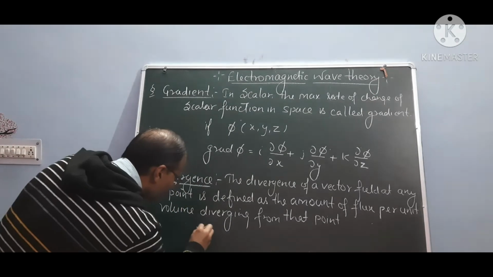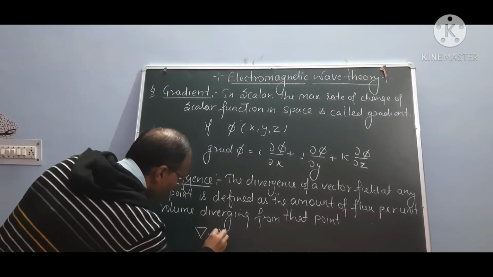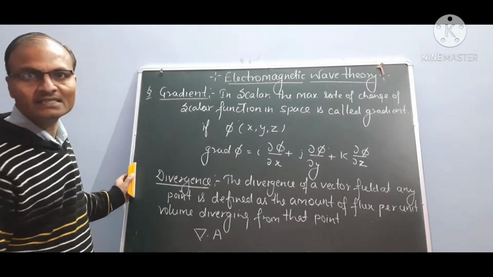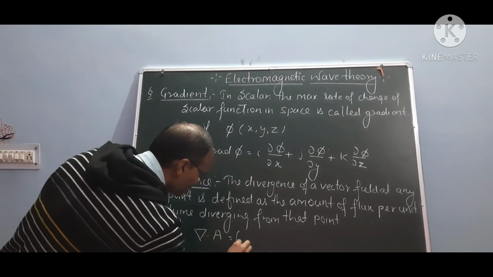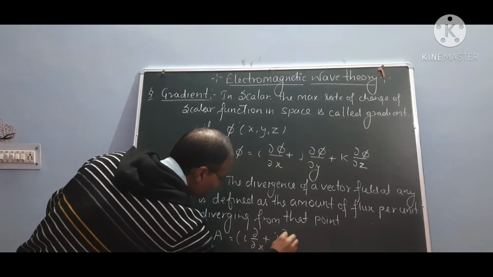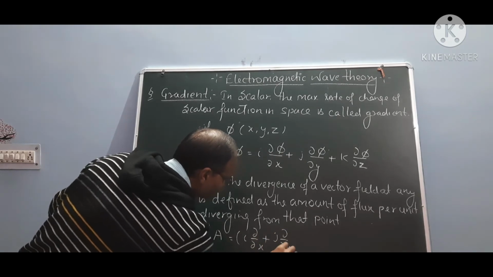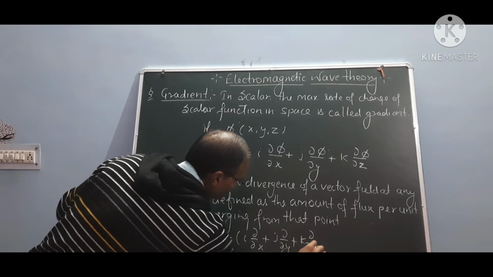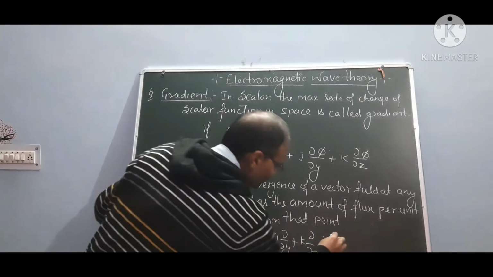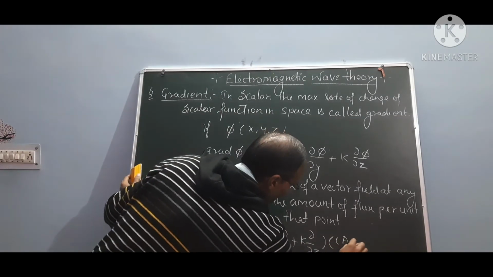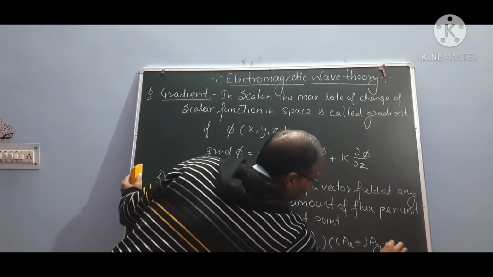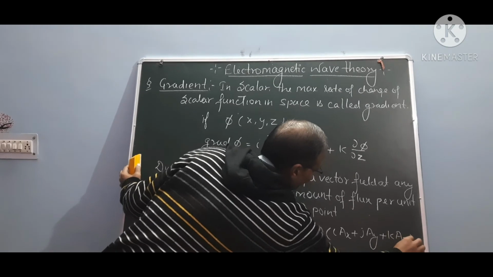This is the symbol of del and this one is A. A is any function. So the divergence: del means i times del over del x plus j times del over del y plus k times del over del z, and A is the function i times Ax plus j times Ay plus k times Az.